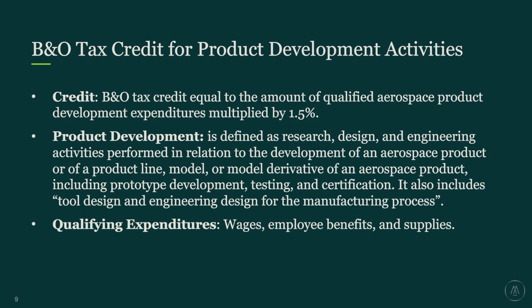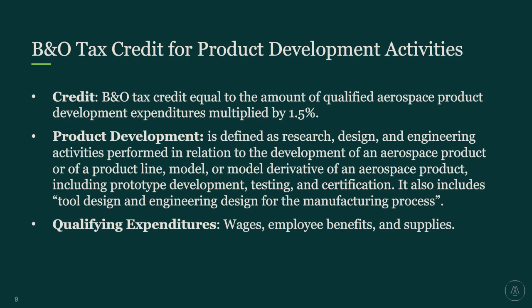So to wrap up the product development credit that I've been hammering on here, number one, documentation is king. If you can't document it, there's a good chance that the department is going to deny it or reclaim that credit that you potentially took.